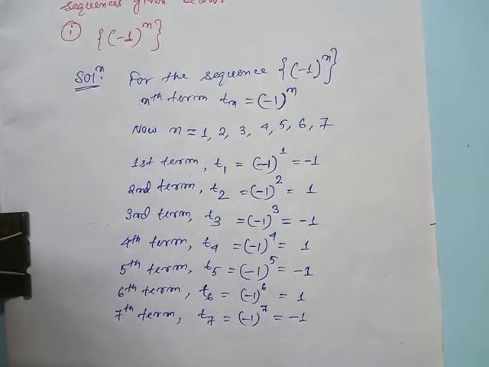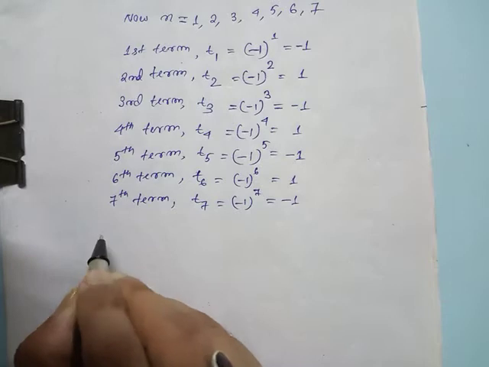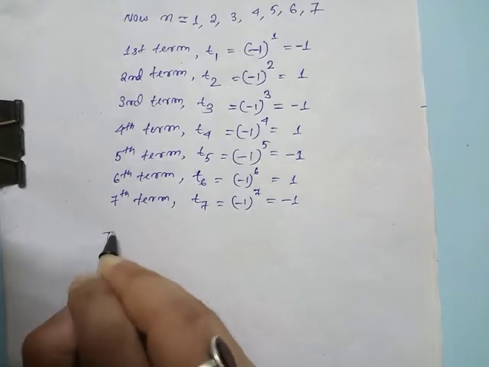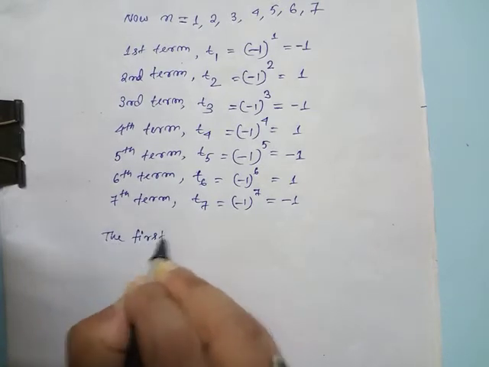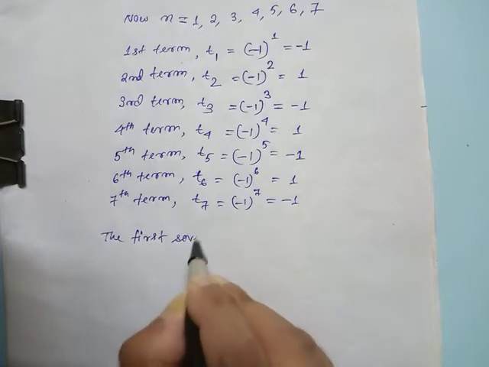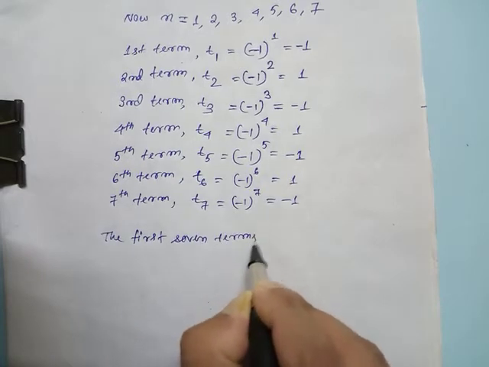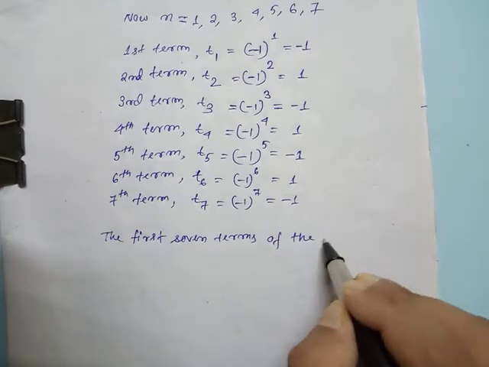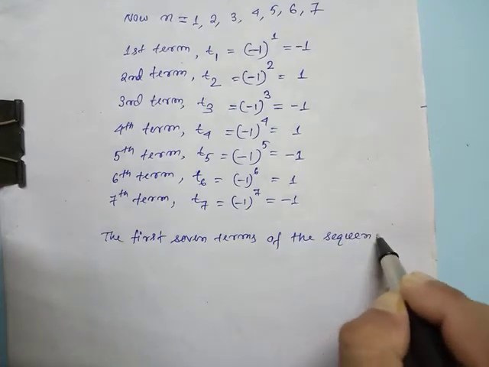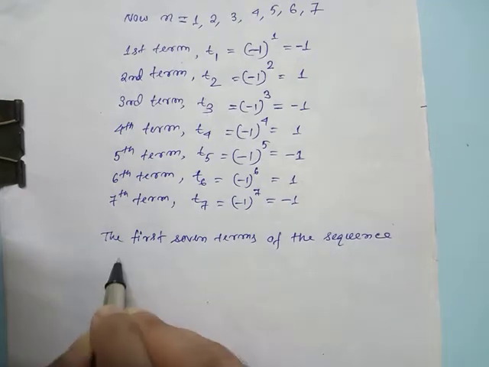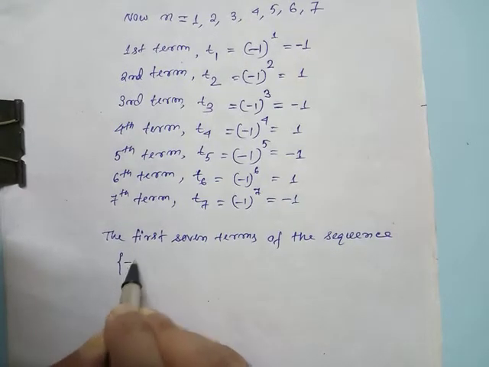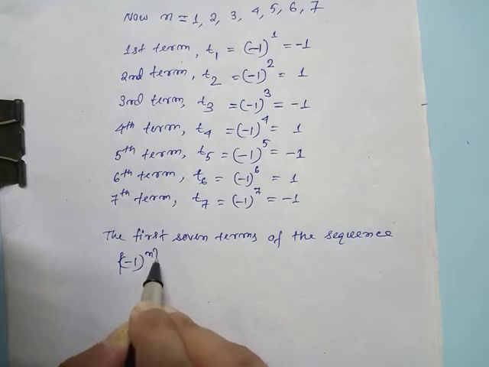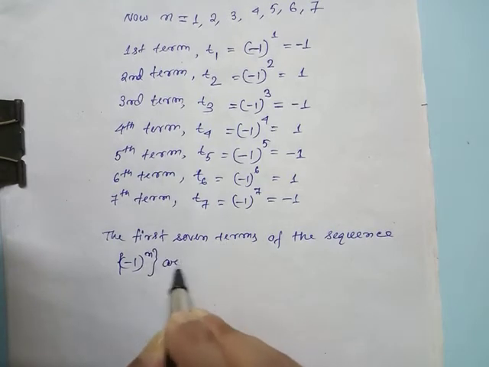Now after that, students, we have to write one note here. The first 7 terms of the sequence. What is the question? (-1)^n.